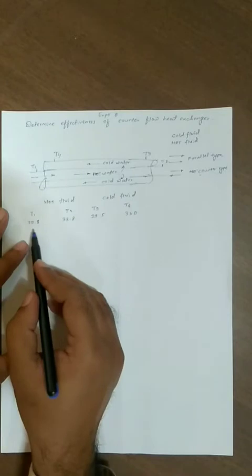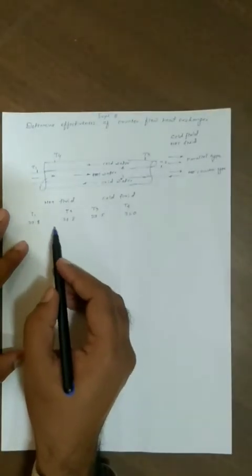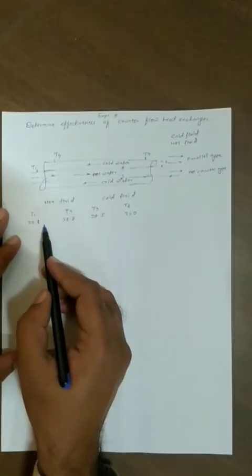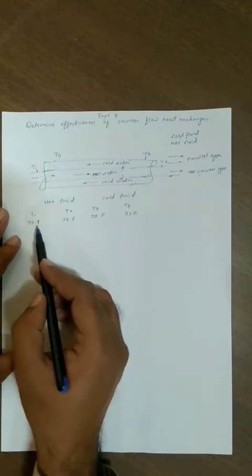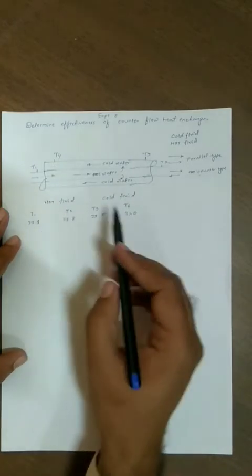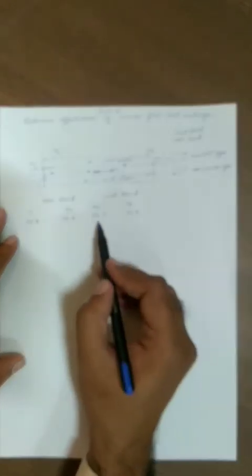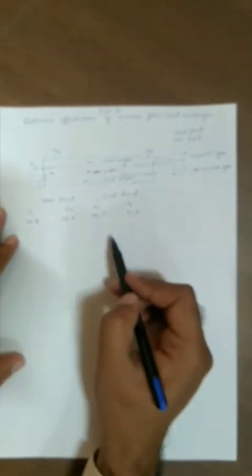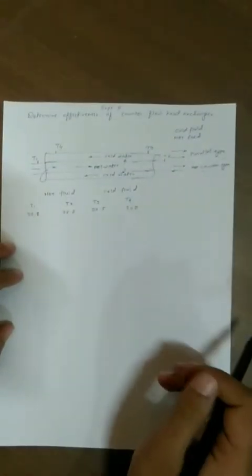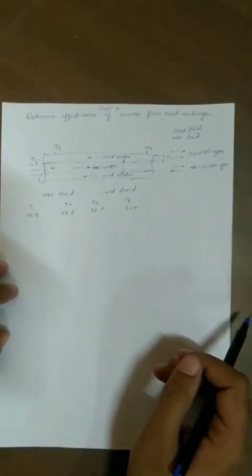So as you can see, the hot fluid is going to give its heat to the cold fluid. The temperature decreases from 39.8 to 38.8, while the cold fluid is going to gain heat from the hot fluid, so its temperature goes on increasing, 29.5 to 31. So which kind of heat will be involved as there is a change in temperature? There will be sensible heat involved.